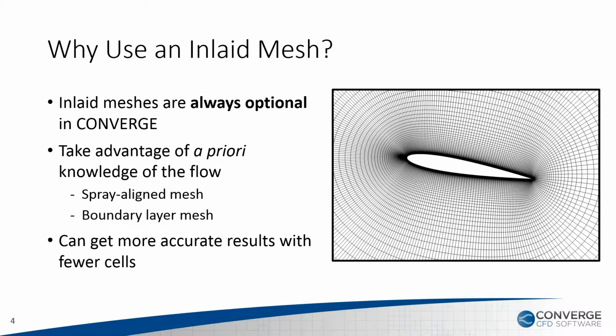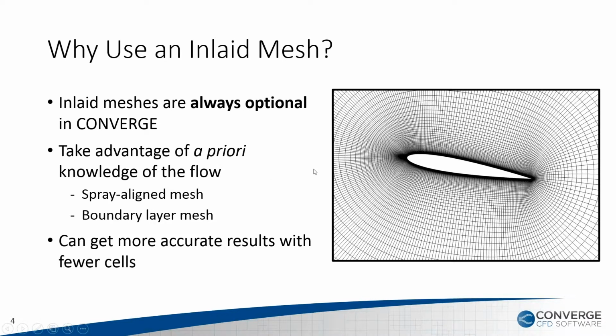So you can use the inlaid mesh to take advantage of a priori knowledge of the flow. For example, if you have a spray in your domain, you could create a mesh that's oriented along the direction of the spray. Or let's say you have a boundary layer that you would like to resolve, say around an airfoil.